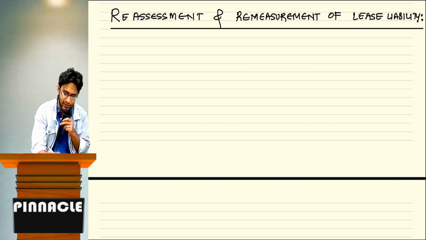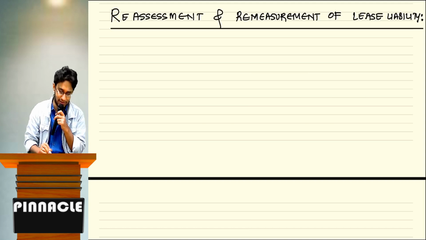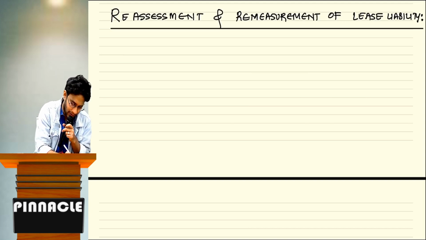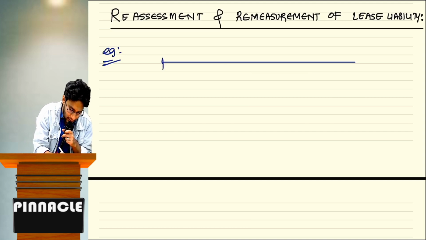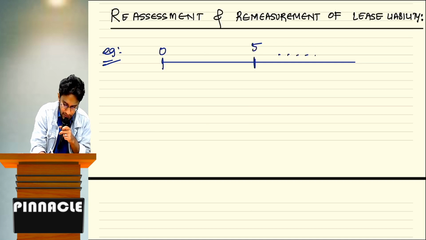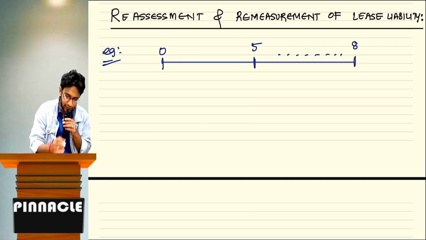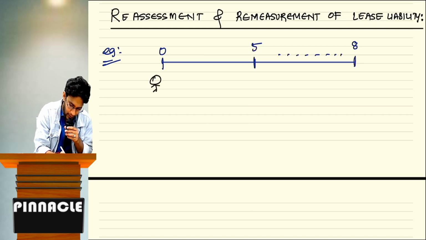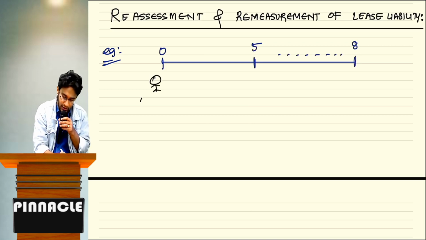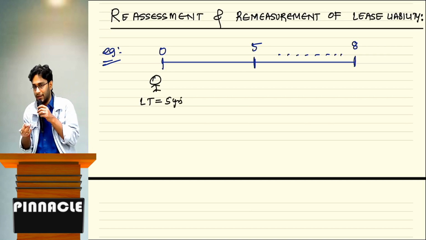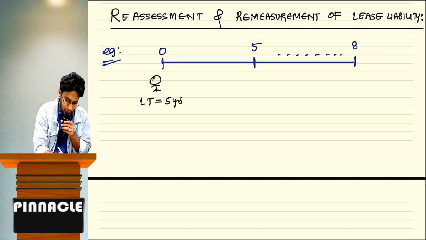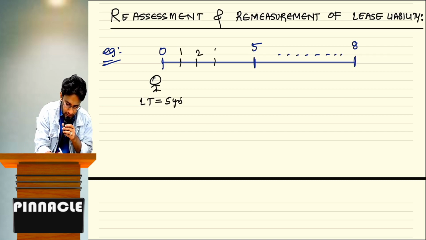Now, first understand the situations when reassessment is done or when remeasurement is required. Example number 1 is a basic example. Sir, originally the lease period is 5 years, with an option to extend for up to 8 years. Standing on the very first day, I thought that the lease term is only equal to 5 years. Meaning the option to extend was there, but I thought I will not exercise it. Now, 1 year, 2 years, 3 years are over.